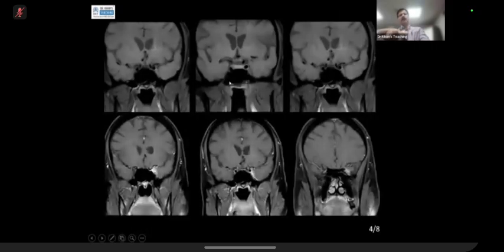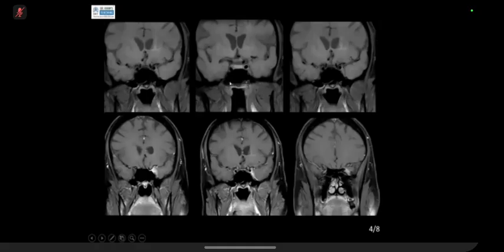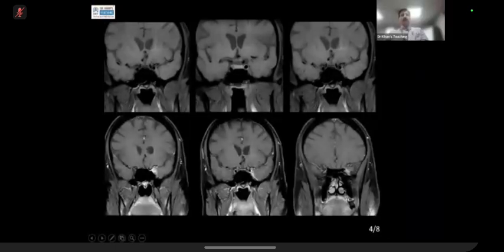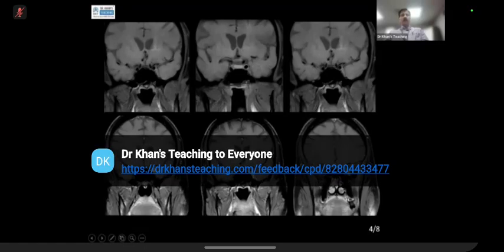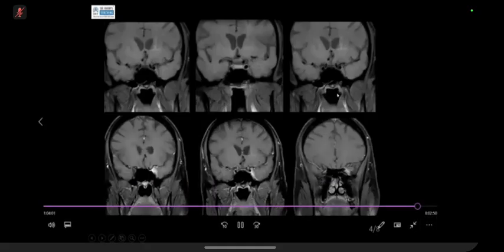Now this is post contrast. What's happening? On the left side, we've got high T2 signal, high T1 post-contrast signal and enhancement where we saw the lesion within the left anterior middle cranial fossa. Where are we? What is this? We're looking at the left cavernous sinus with the ICA.